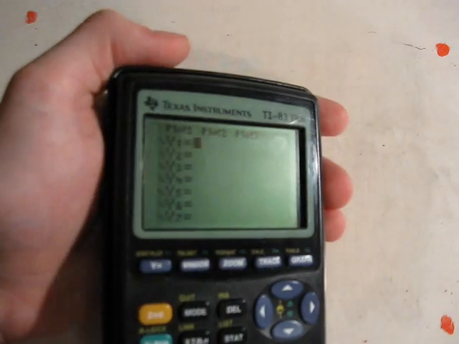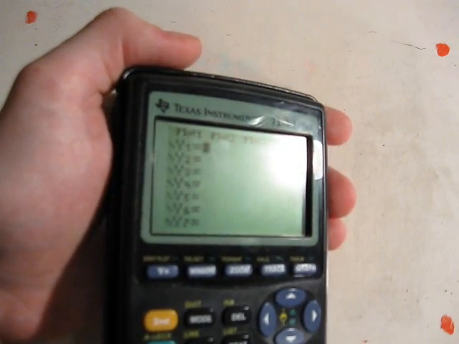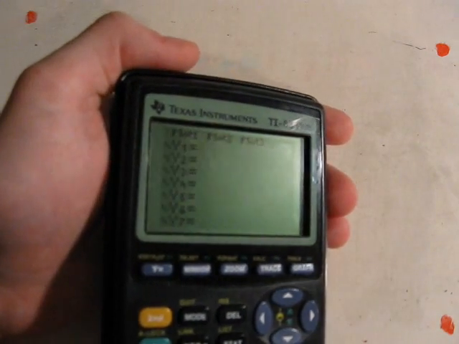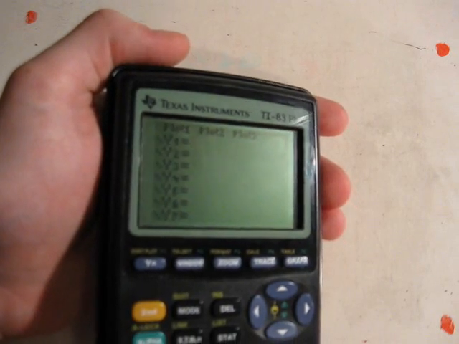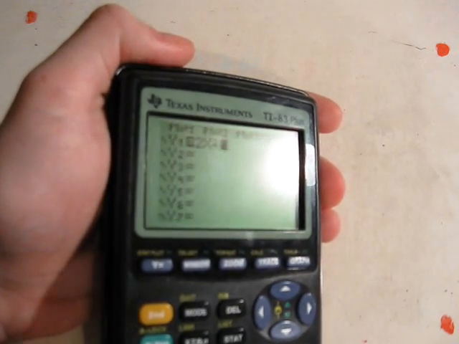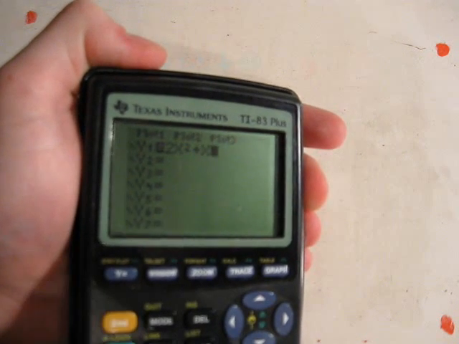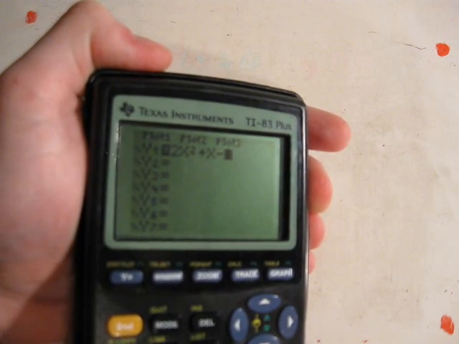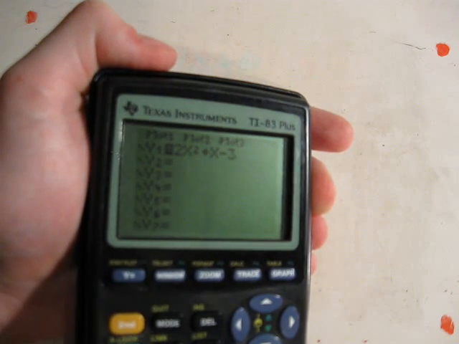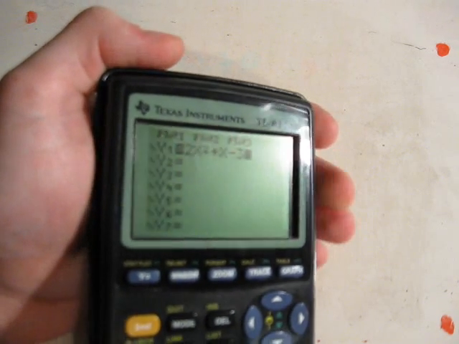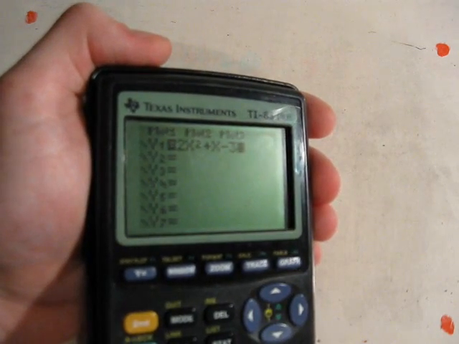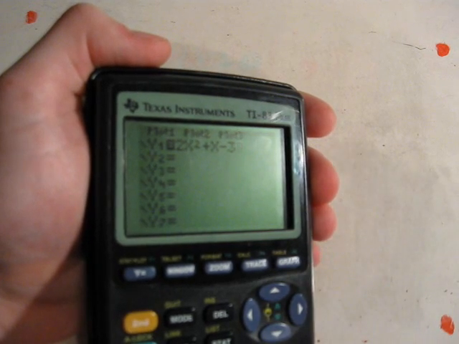Well, here is an example from Gustafson and Frisk's book. 2x squared plus x minus 3.